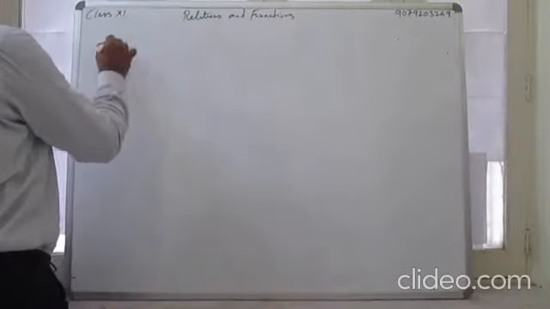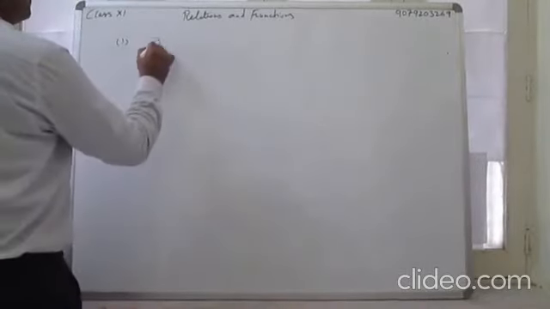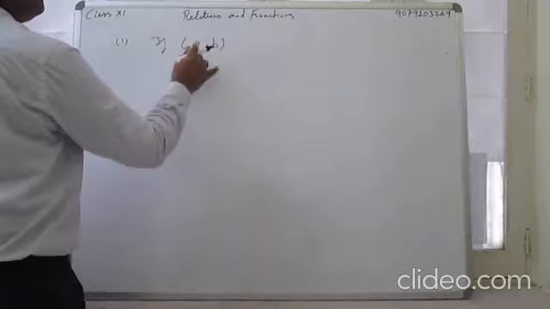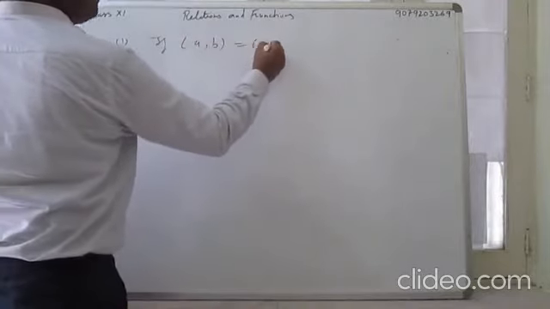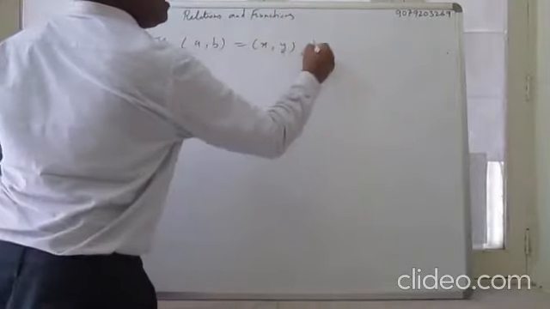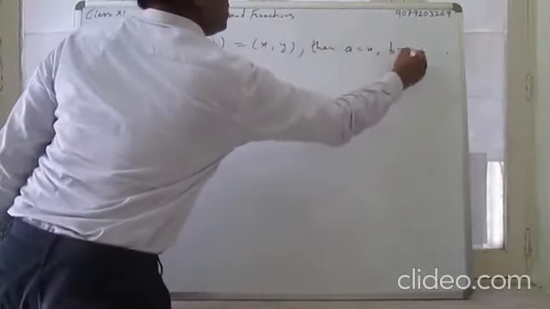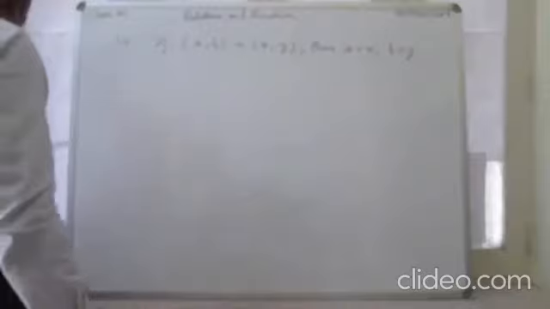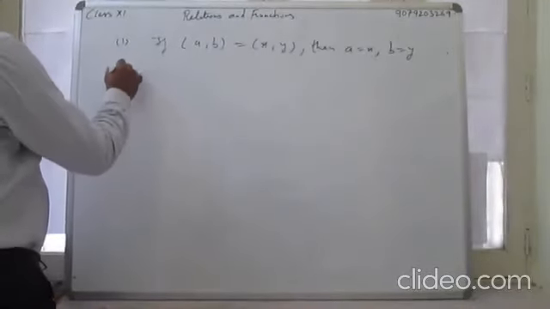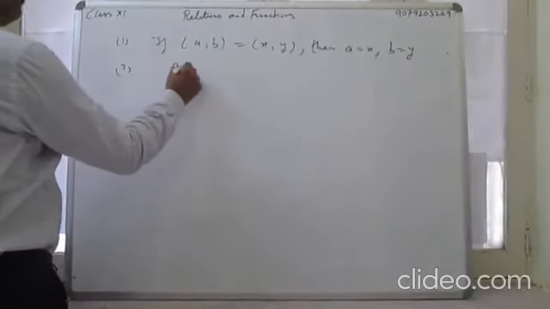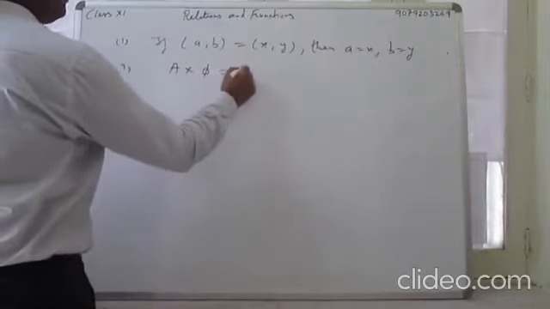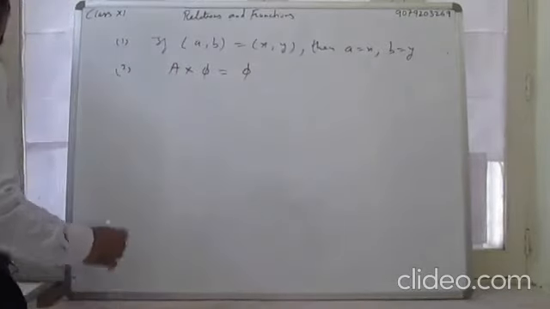If ordered pair (A, B) is equal to (X, Y), then A is equal to X and B is equal to Y. If A cross null set, then it is also a null set.